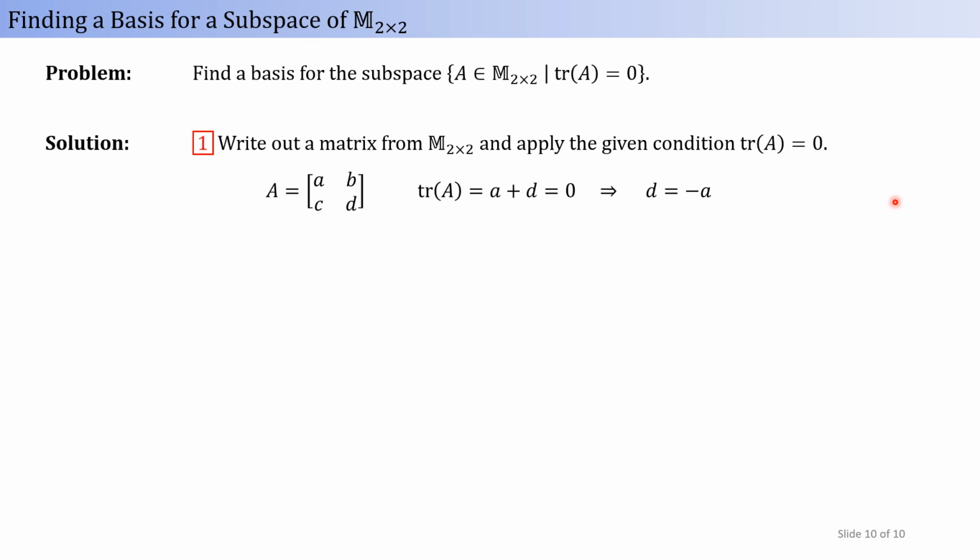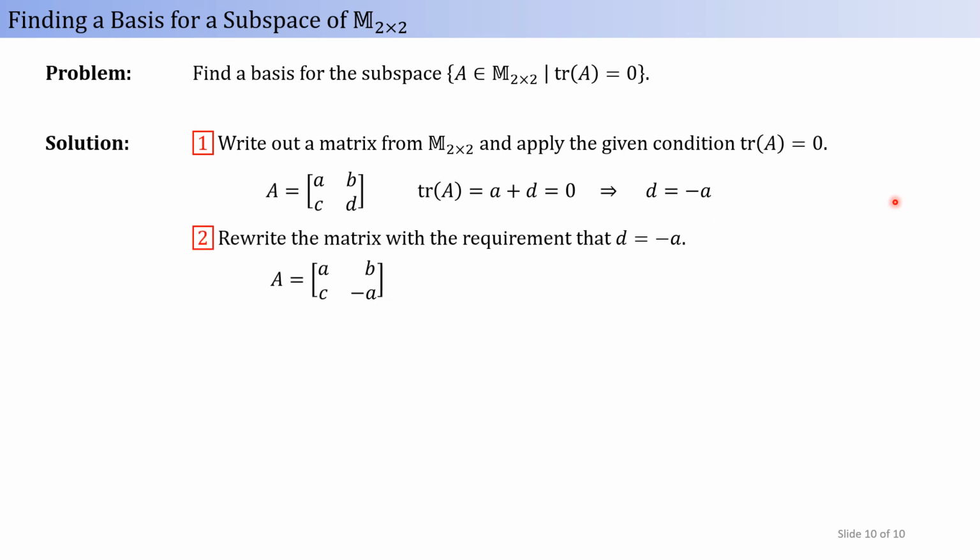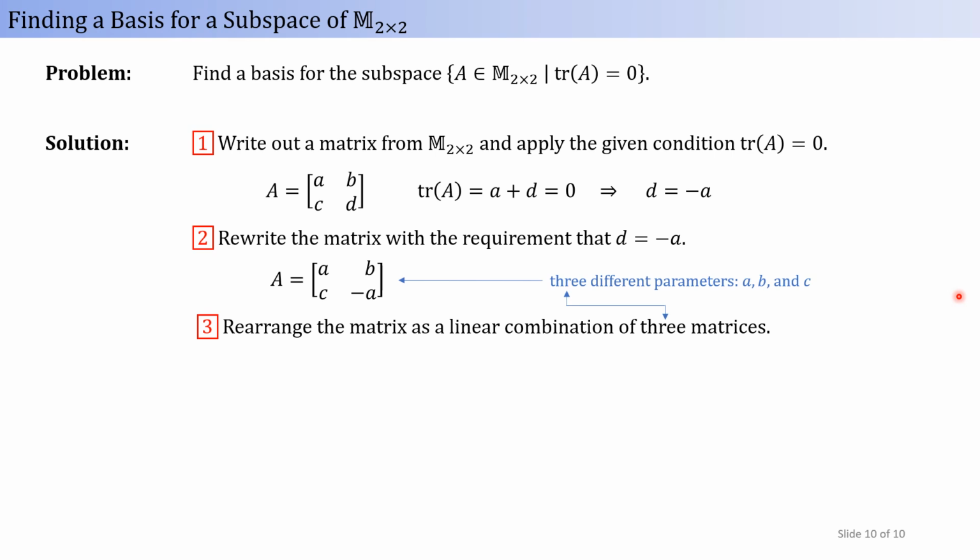And so as before, you rewrite this object with that requirement. Instead of this cell d, we're going to write negative a. The key thing now is to rearrange it as a linear combination of 3 matrices. How do I know it's 3 matrices? Because how many different parameters do we see? a, b, and c, we see 3.